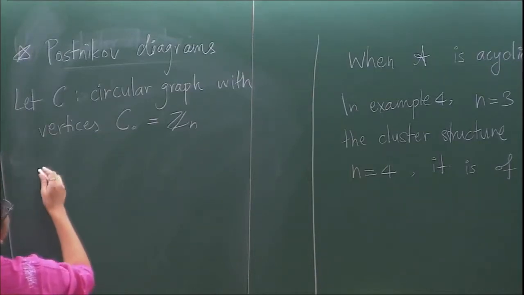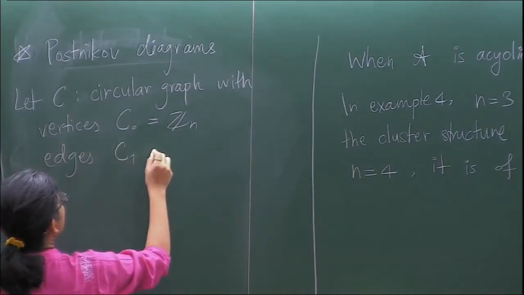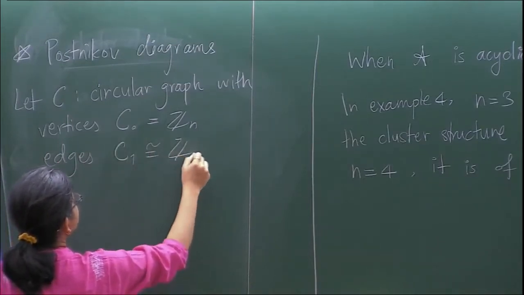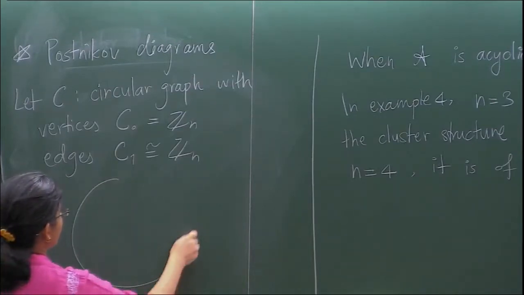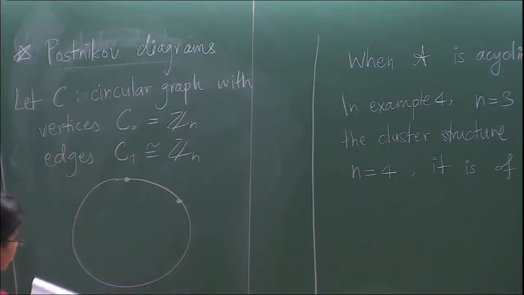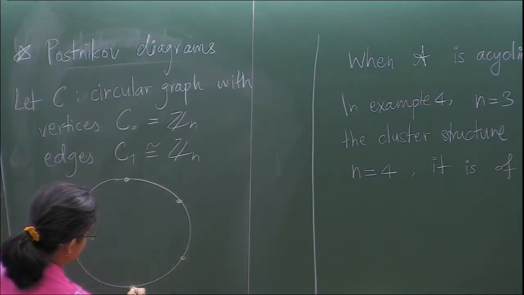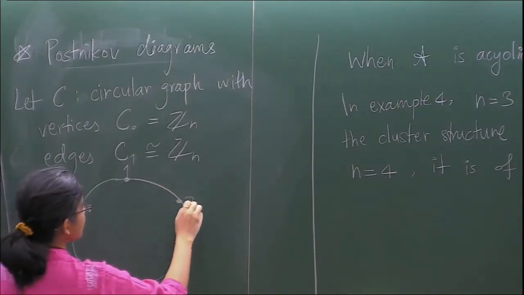And then edges, C_1, there are also n edges because it's a circular graph. For example, let's do 6: 1, 2, 3, 4, 5, 6. These are my vertices.